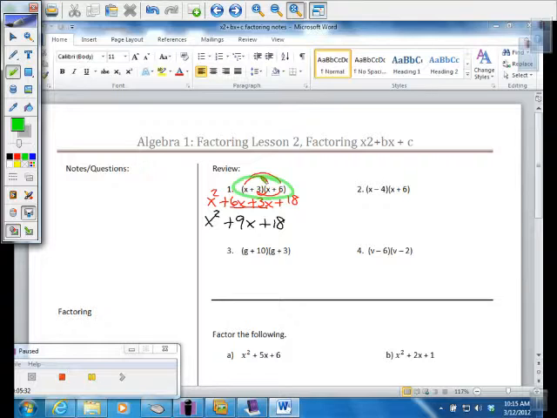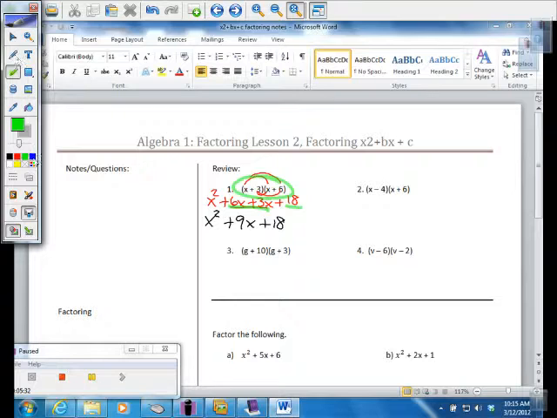Why? Because of my last step, 3 times 6 is how I got that number. So I need two numbers that multiply to give me 18, but add to give me 9. Why? Because these same two numbers will give me 6x and 3x, which add to give me my 9x. That's why it works. Okay, does that make sense?